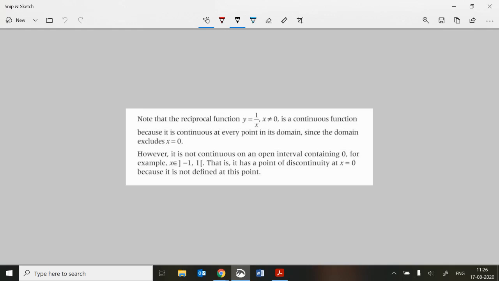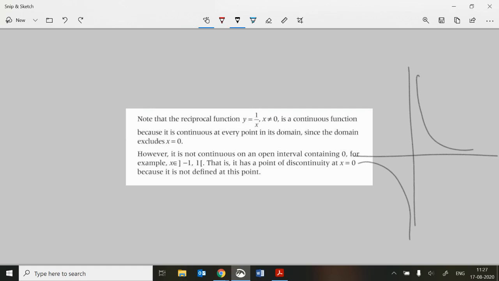It's probably quite a hard read. Now we get to this point here, and it says, note that the reciprocal function is a continuous function. Wow, okay, so we're saying that this function, this one here, where we're tending to positive infinity and to negative infinity as we're tending towards 0 from both sides, is in fact a continuous function.